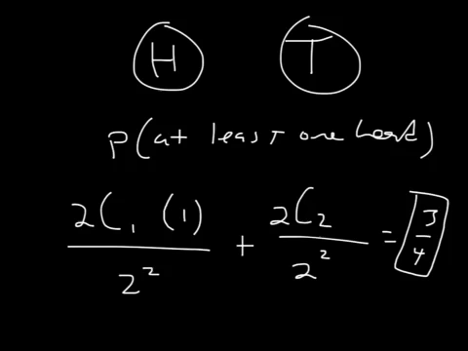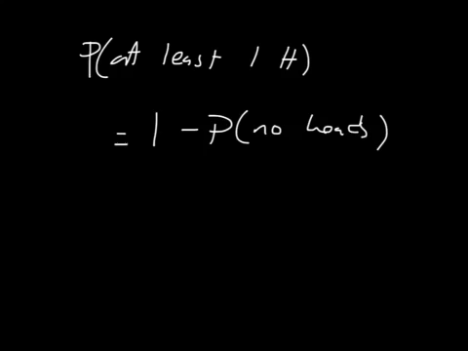Now with the at least one head, again, the easiest way to think of this is just to say the probability of at least one head is 1 minus the probability of no heads. So for this particular one with these 2 coins, head and tail, we're saying 1 minus, well, how many ways could I get no heads?